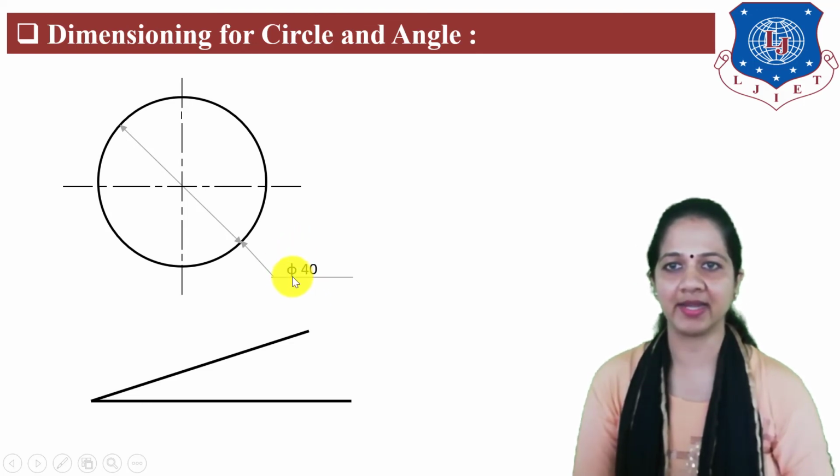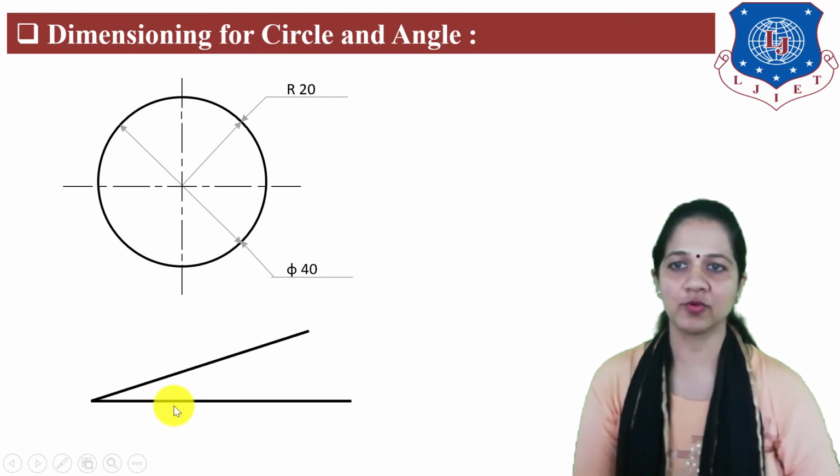Here the symbol indicates diameter of this circle and 40 indicates its value. If you want to indicate the radius of this circle, then first draw a radial line with a pointed arrow at the outer side, then draw a leader line and write the dimension R20. Here R indicates the radius of the circle and the value is 20.